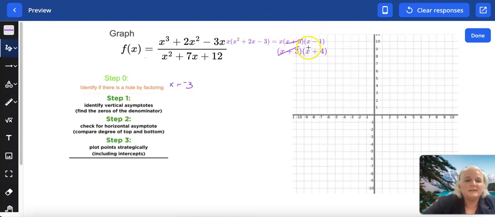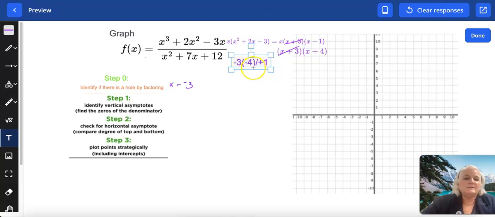So if I plug in a negative 3 into what is left here, I would have negative 3 times negative 3 minus 1, which is a negative 4. And then this is divided by negative 3 plus 4, which is a positive 1.